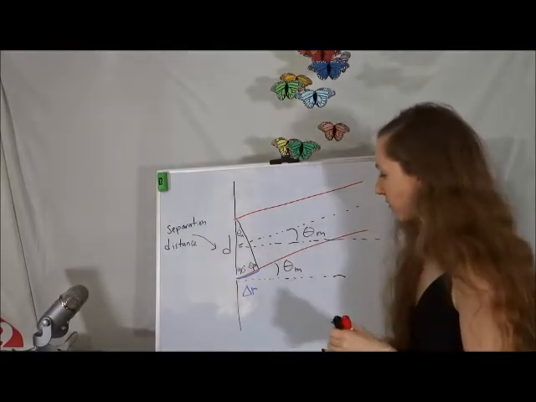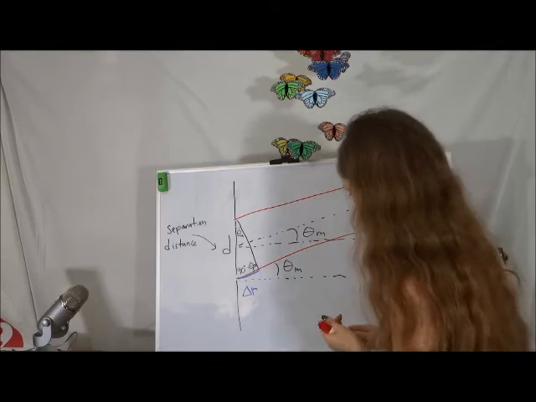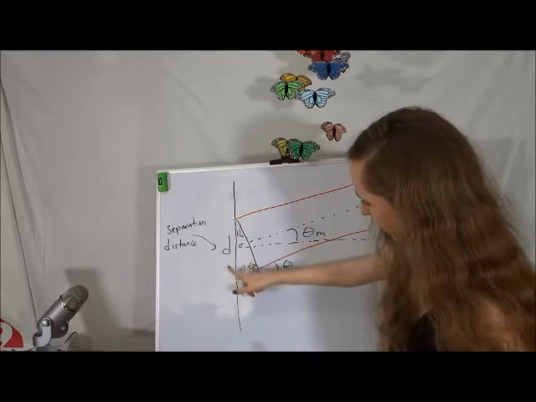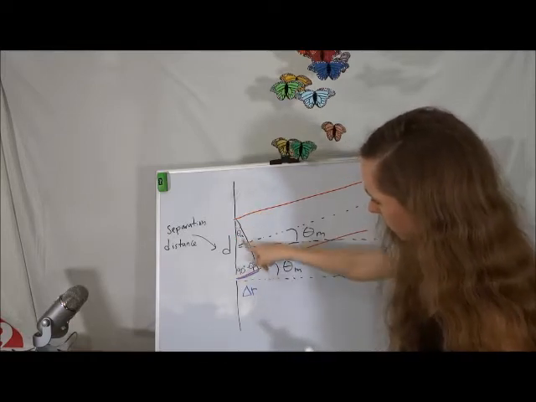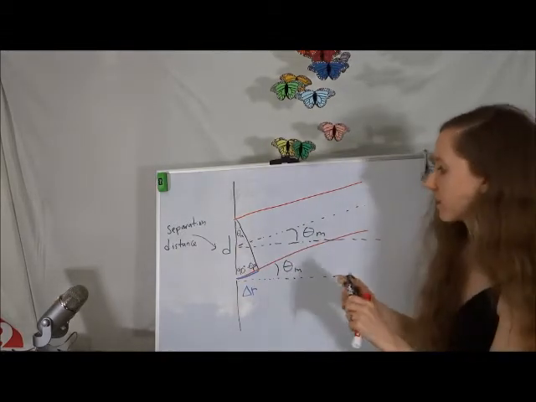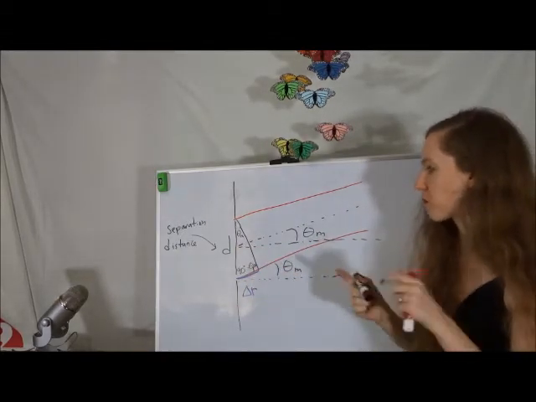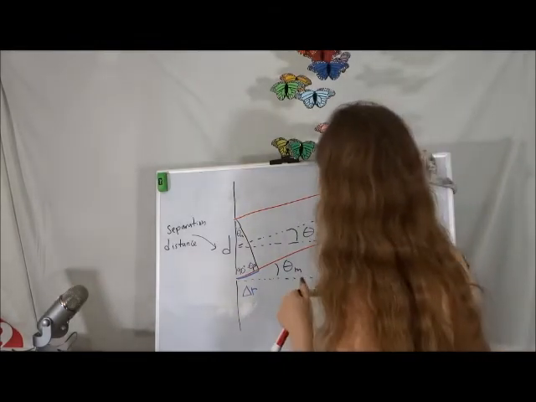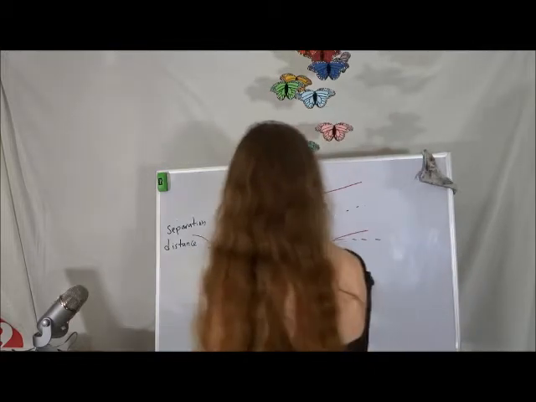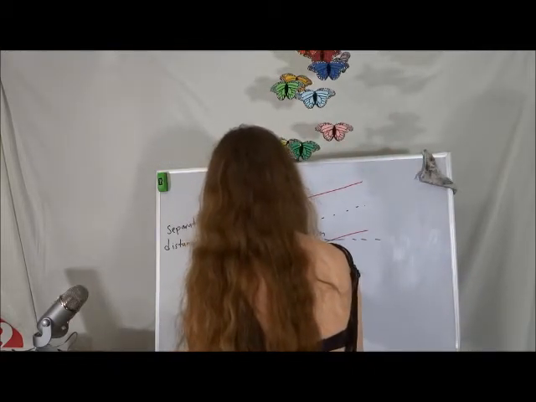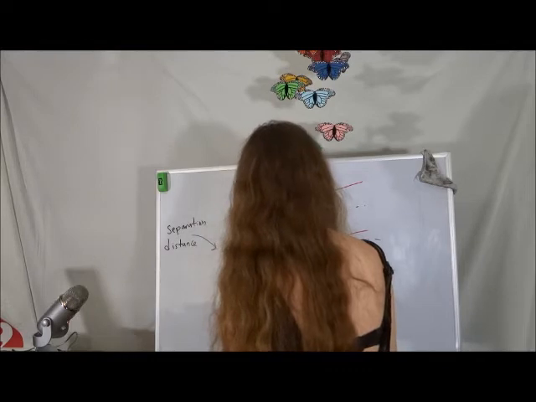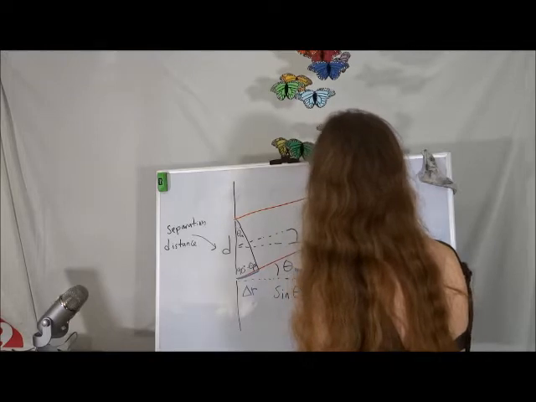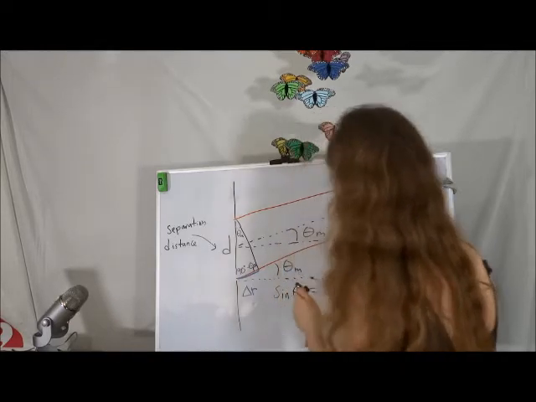All right, so now we're going to do a little bit of trig. If we look at this side here and this length here relative to this angle, this is our opposite side and this one's our hypotenuse. Opposite over hypotenuse would be sine, so the expression we want to write is sine of theta m is equal to, our opposite side is delta r over d.